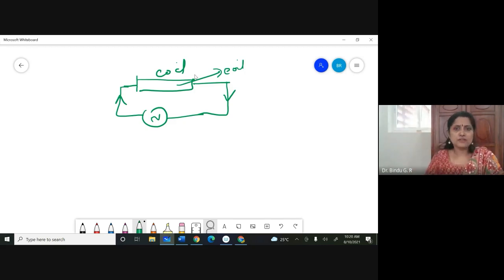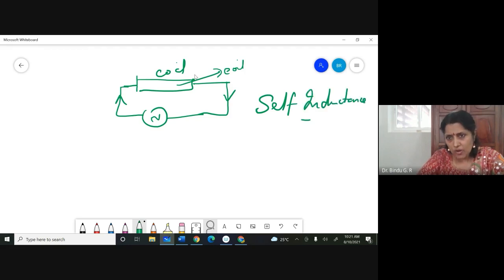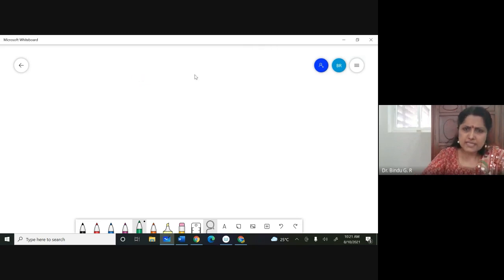This opposition, this fighting capacity of the coil against the change in the magnetic flux, is called self-inductance, which you normally denote by L. So L is nothing but the coil trying to oppose the magnetic flux variation in itself. That is called self-inductance. Now let's try to get some expressions for self-inductance, and that is all that we'll do today.